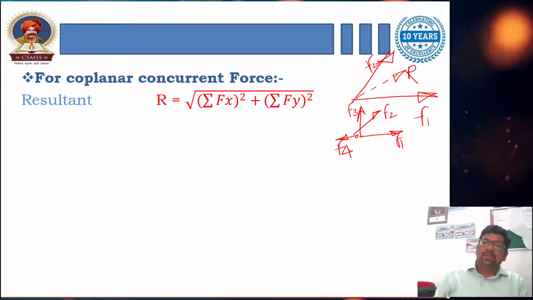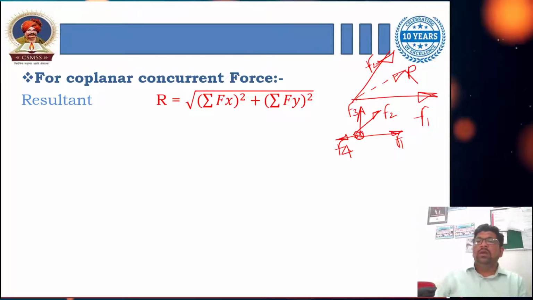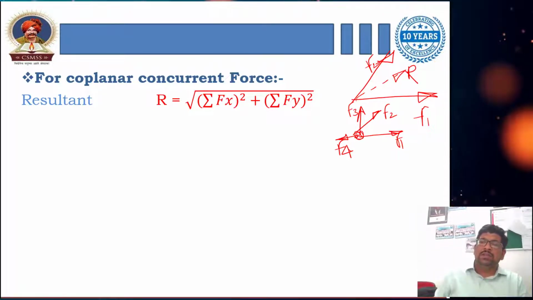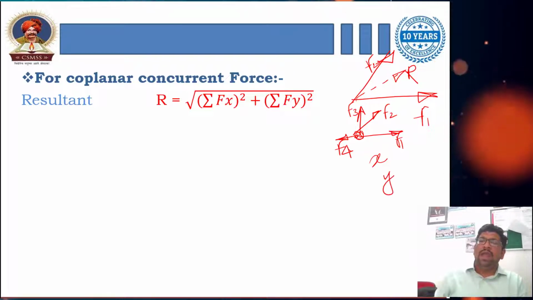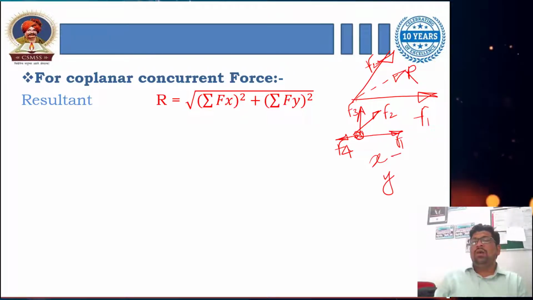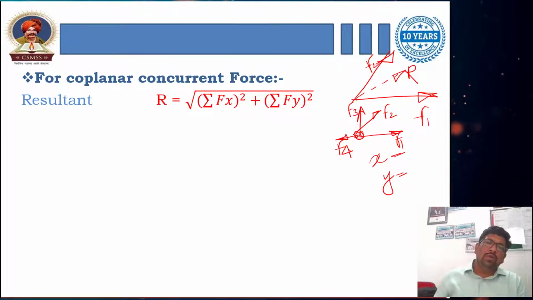In this case, we just resolve all these forces on the x axis, and again resolve all the forces on the y axis. Once you resolve all the forces on the x axis and y axis, make a summation.